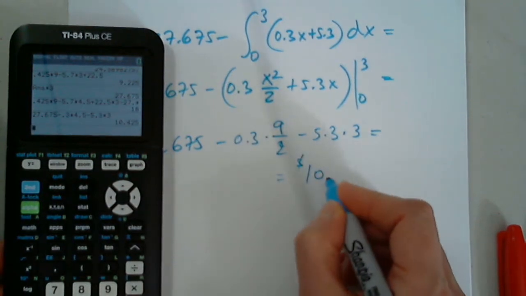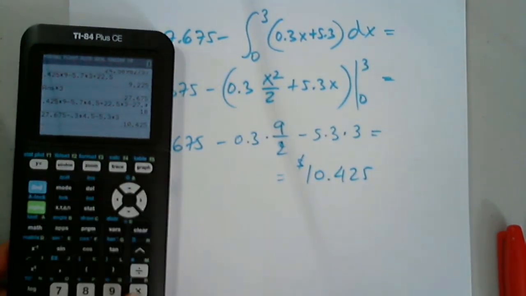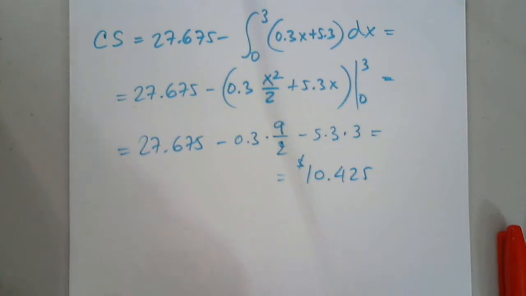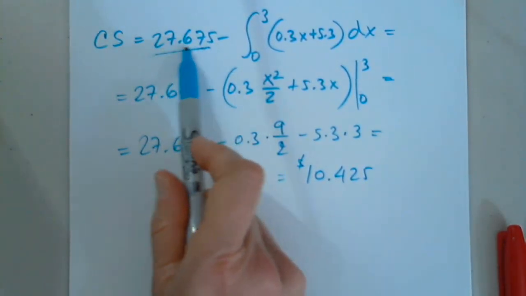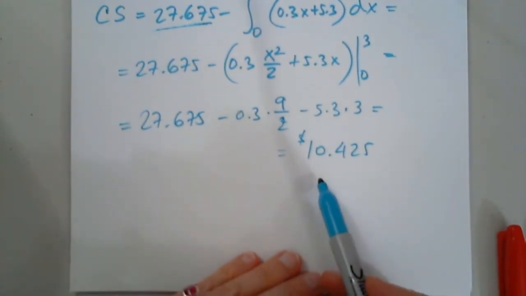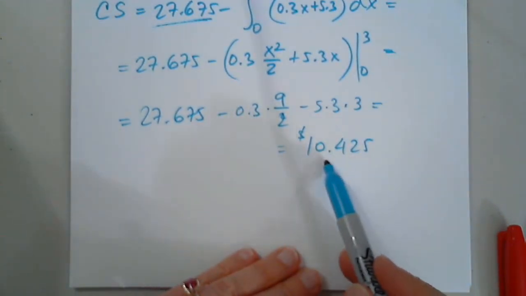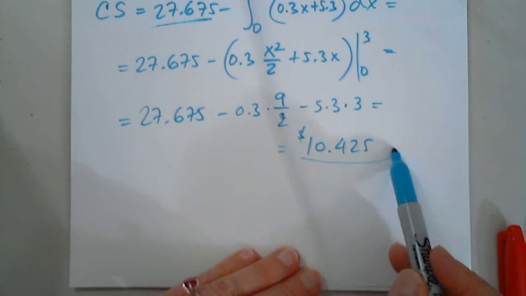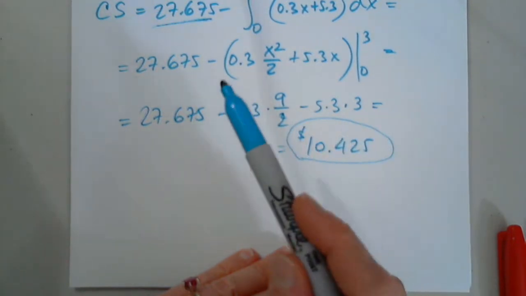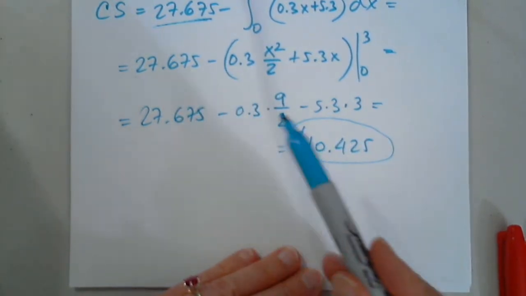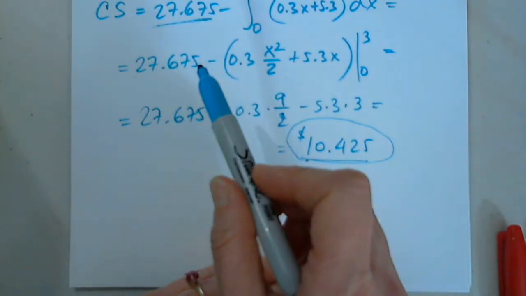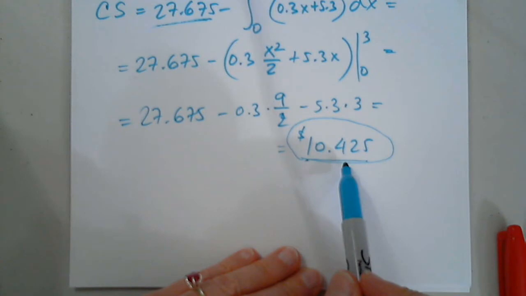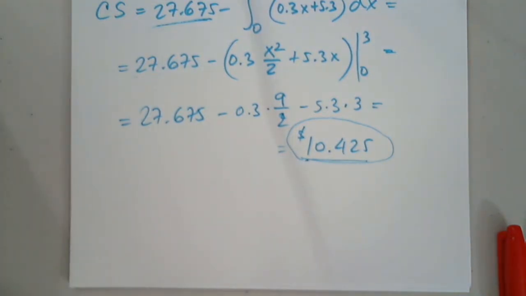So this is $10.425. What does that mean? They are selling him 3 rides for 27.675, but they should only charge him 27.675 minus this.